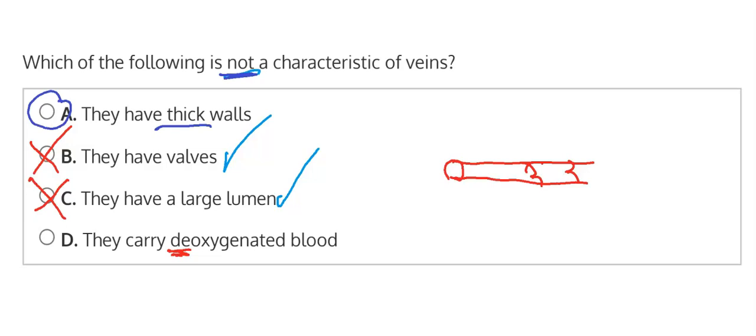For example, when the blood is returning from circulation and it doesn't have oxygen in it anymore, it needs to go back through the heart to reoxygenate. In that instance, there wouldn't be oxygen and the blood is returning in the form of the veins. So therefore, because we're looking for what's not correct, we could eliminate option D because we know that this is true. Therefore, option A, they have thick walls, would be our answer here.